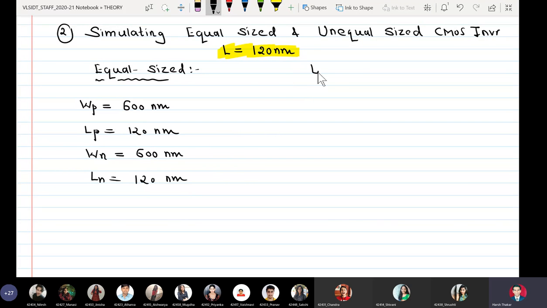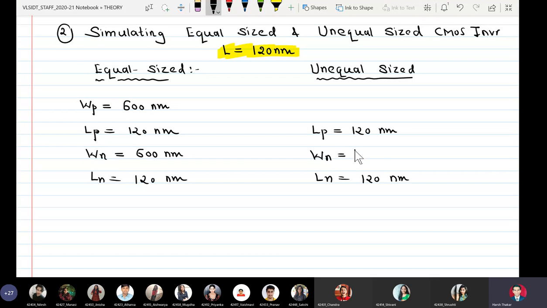And for unequal sized, we have 1.5 times Ln, and WP will be 450 nanometers.